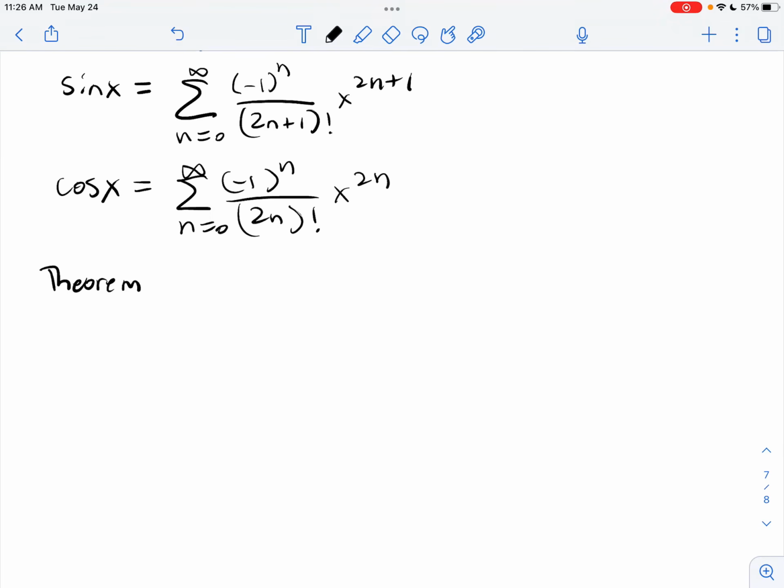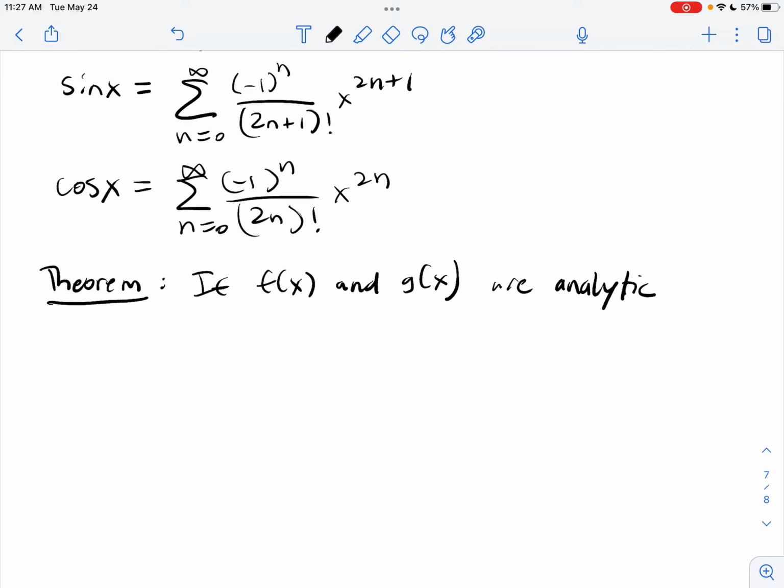So, theorem. If f of x and g of x are analytic at x equal x naught, then so are the following.